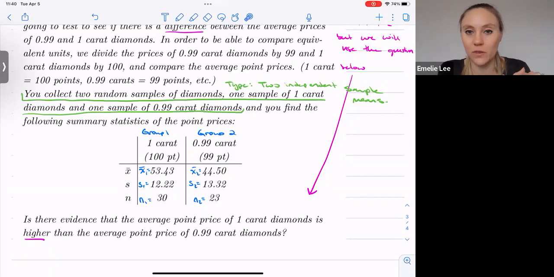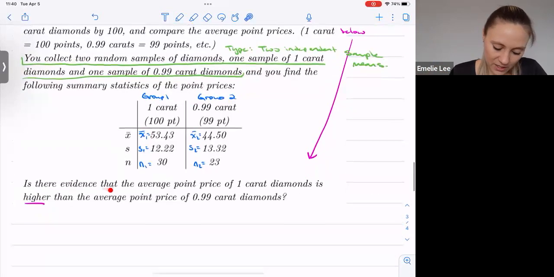Then you collected a sample of 23 0.99 carat diamonds and you found the mean price to be 44.50 with a standard deviation of 13.32. So it could be in the text like that. Often it's in a table, but even if it's in the text, you can put it in a table like this, right?